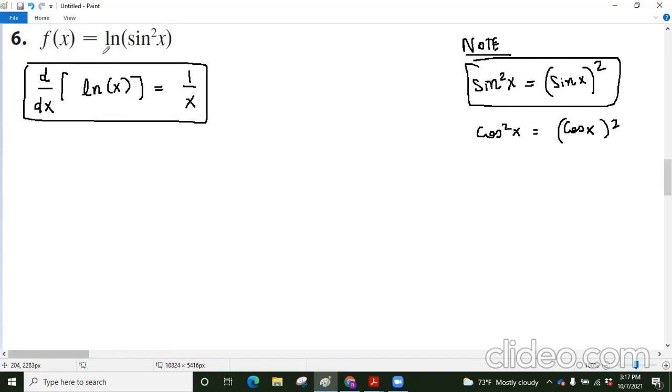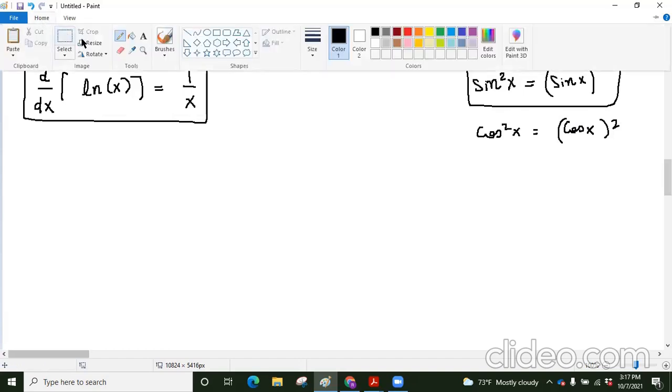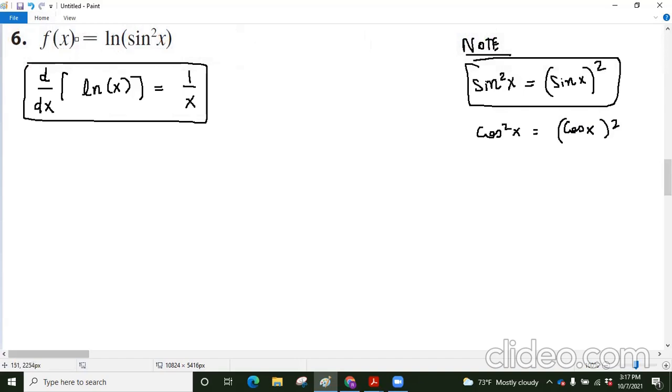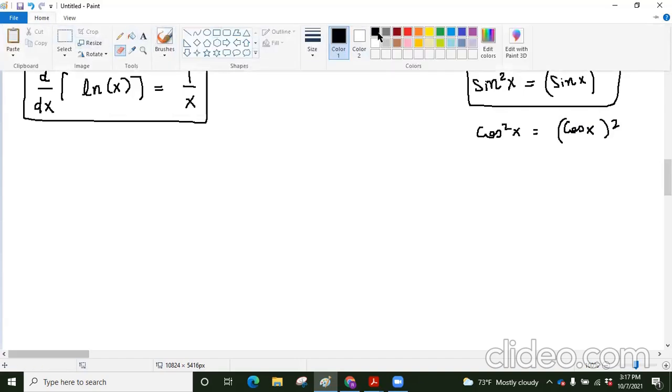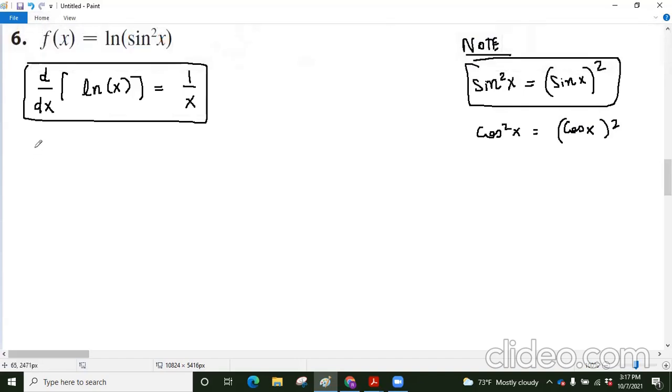So first we're going to take the derivative of ln of x, right? Now we're going to say that f prime of x is the derivative of ln. We're just taking the derivative of ln, and that we know is 1 over x.